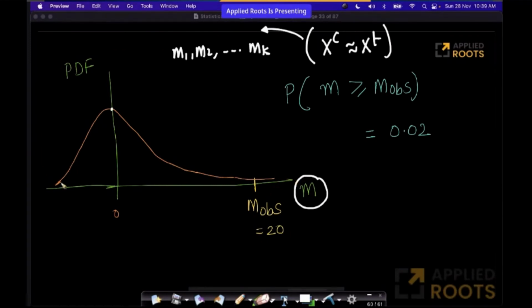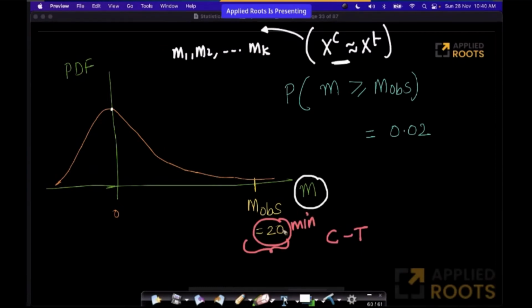Now comes the fun part. These are the values that we typically observe. Remember, these are the differences of medians that we typically observe if XT and XC are the same. Given that, what is the actual observed value from our control treatment? We observed, let's say, 20 minutes of difference.